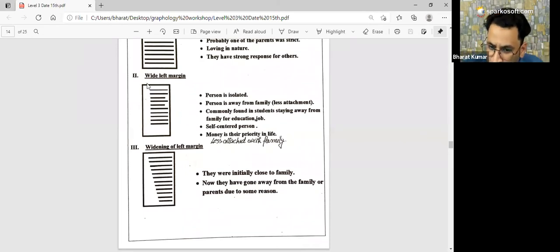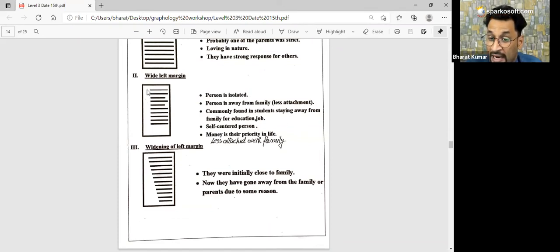When you have more space on the left, it means you are more towards the future, commonly found in students staying away from family.